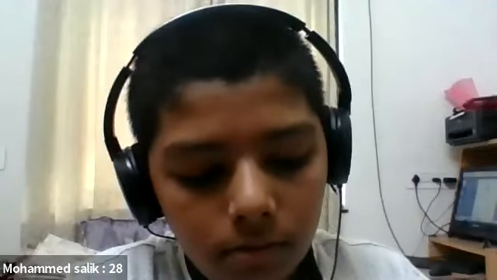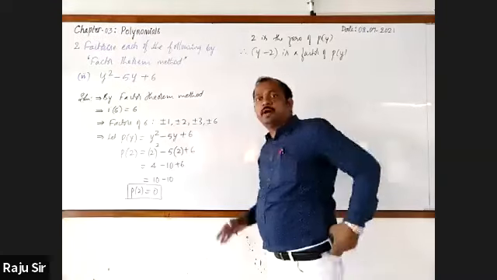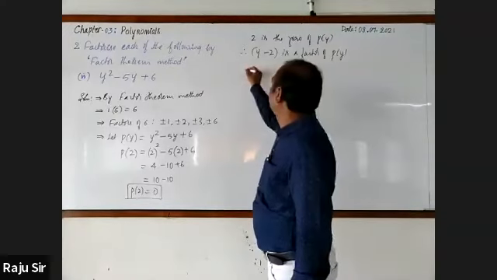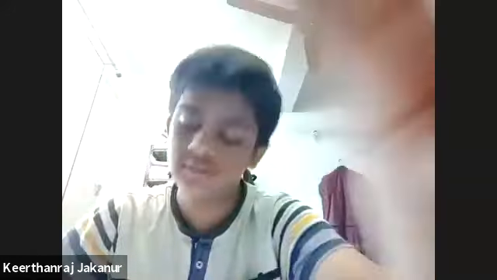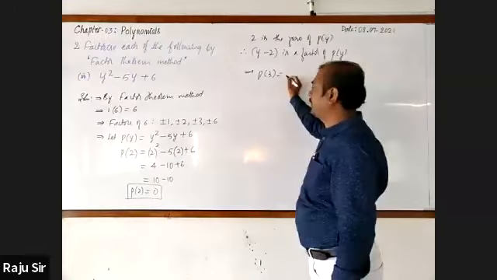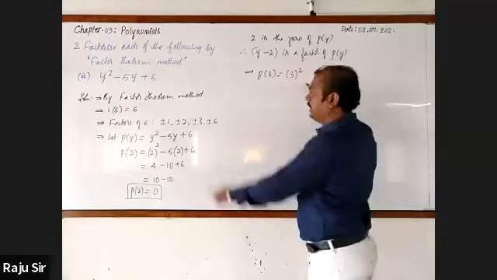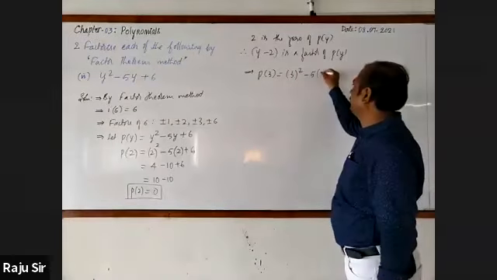Next. Likewise, we have to try for other options. Plus 3. Okay, y minus 3 is the factor of P of y. Substitute 3 in place of y. 3 whole square minus 5 into 3 plus 6. 3 square is 9.